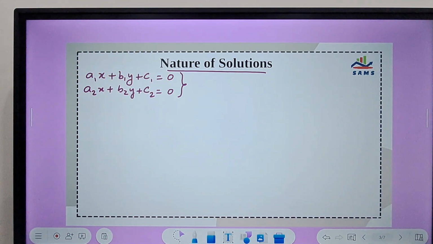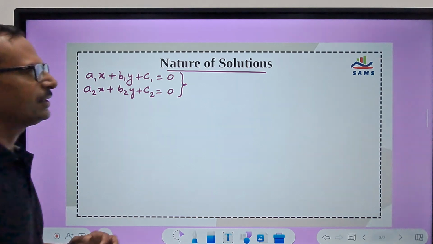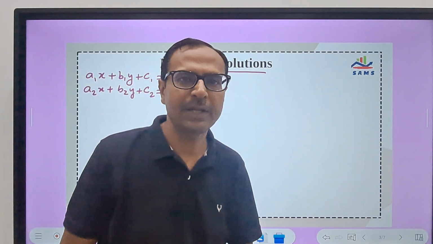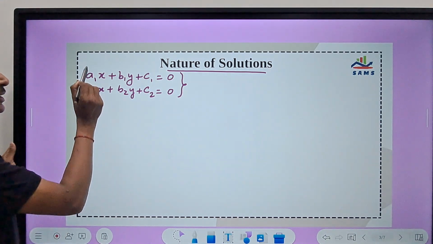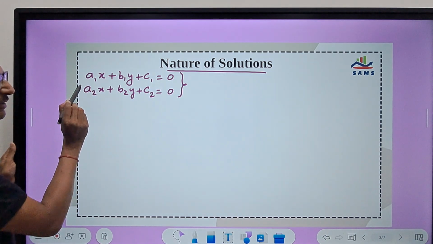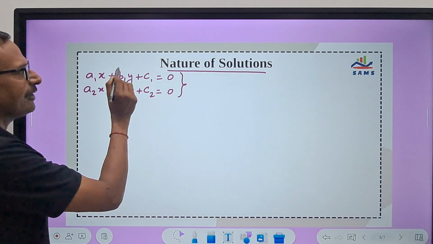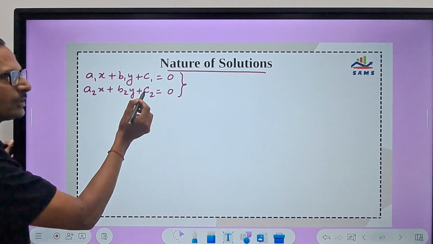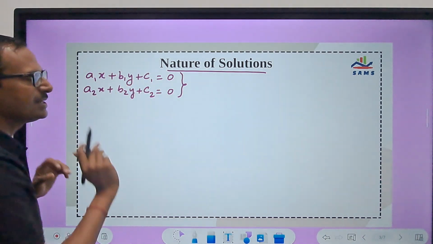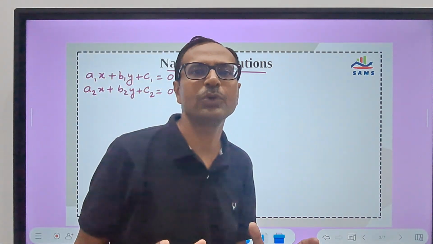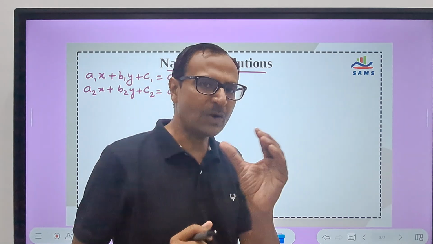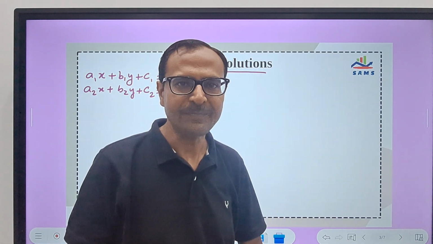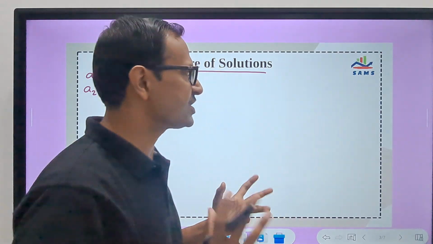Now how do you find the nature? The nature of the solution depends on the ratio of the coefficients of x, that is a1 upon a2, the coefficients of y, that is b1 upon b2, and the constant terms, that is c1 upon c2. That ratio is going to decide what type of solution a particular pair of linear equations will have. So let me take it up case wise.